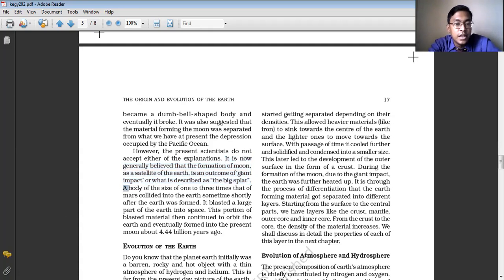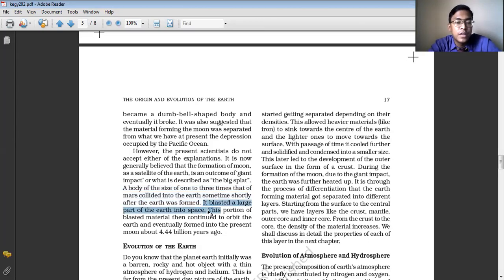A body of the size of 1 to 3 times that of Mars collided into the Earth sometime shortly after the Earth was formed. After the formation of the Earth, within a few years, a very large body, about the size of Mars, collided with the Earth and blasted a large part of the Earth into space.